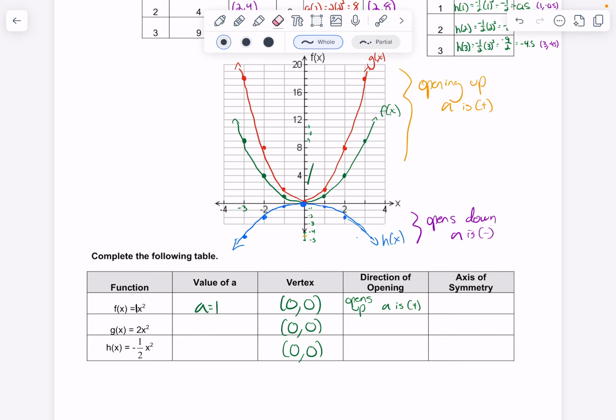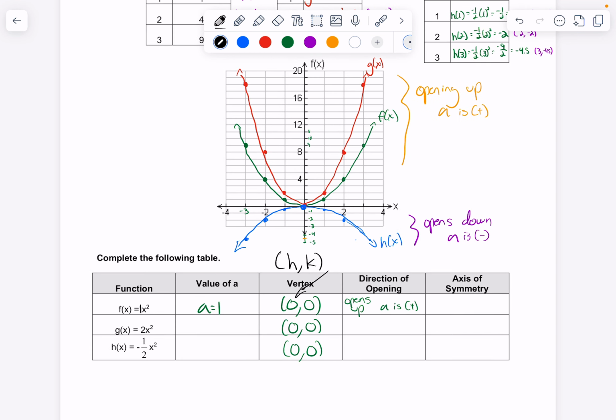And then remember, the vertex is written as h and k, so whatever value is right here. The axis of symmetry is x equals h. Our vertex has coordinates h and k, so here the h is 0, so you have the axis of symmetry being x equals 0. So whatever the vertex is.